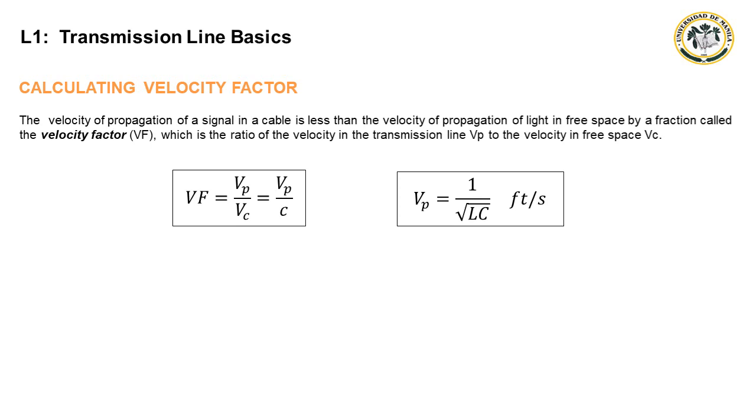The velocity factor of a coaxial cable is typically 0.6 to 0.8. An open wire line has a velocity factor of about 0.9, and the 300 ohm twin lead line has a velocity factor of about 0.8.